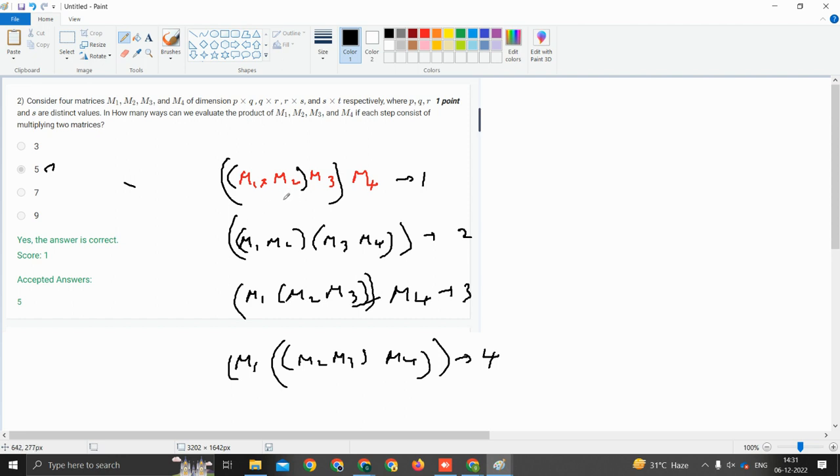Only two matrices can be in a single bracket. So M3, M4, then M2, and M1. Exactly. Got this? I don't know if you have a formula to find it out. Please put it on discourse asking whether there is a formula to do this, or should we do the brute force?